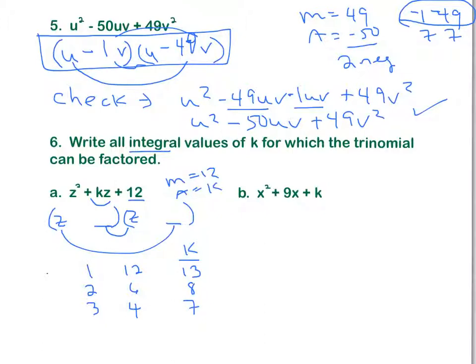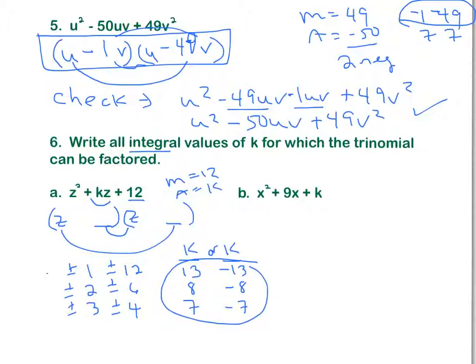Because it's a plus 12, I'm either dealing with both positive or both negative. So I could also have a k here, if these were all negatives, I'm just going to put plus minus, plus minus, plus minus. So that if they were all negatives, I'd have negative 13, negative 8, and negative 7. So my possible values of k are going to be those 6 values.